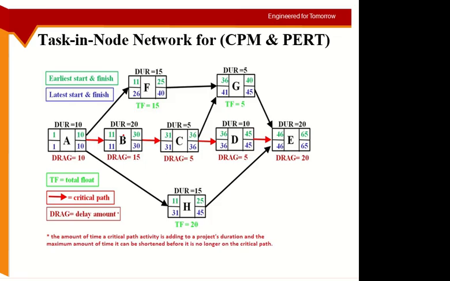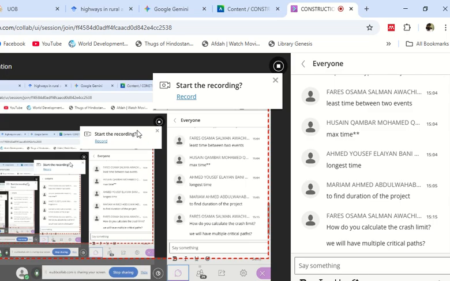The parallel activities are F and H. The total float of F is 15. The total float of H is 20, and the duration of B is also 20. So I have to take the least of these three numbers, either the duration or the least total float.